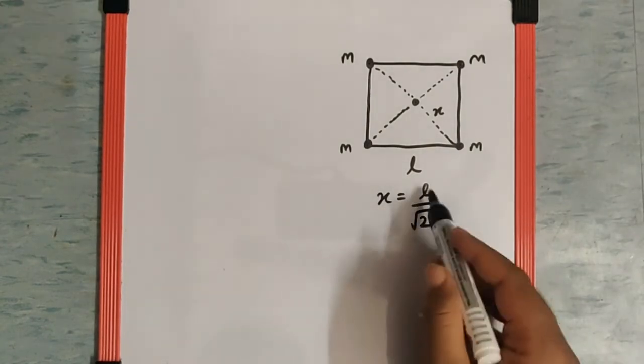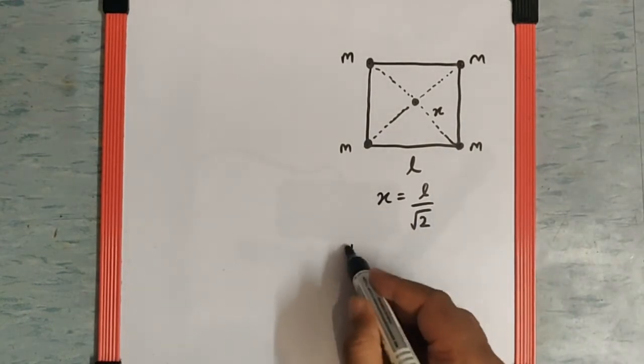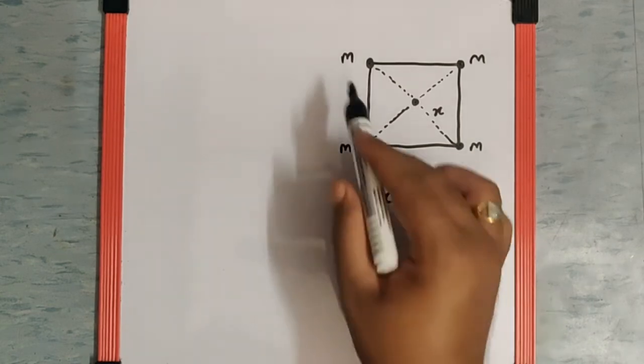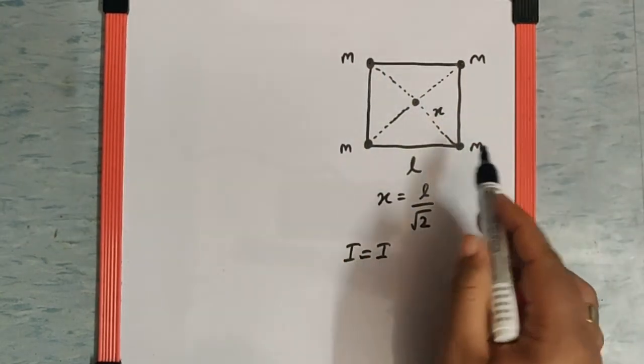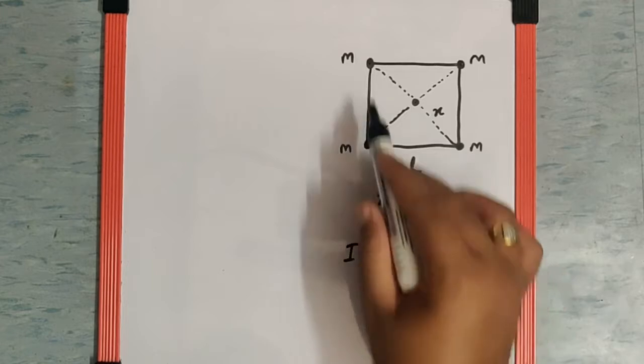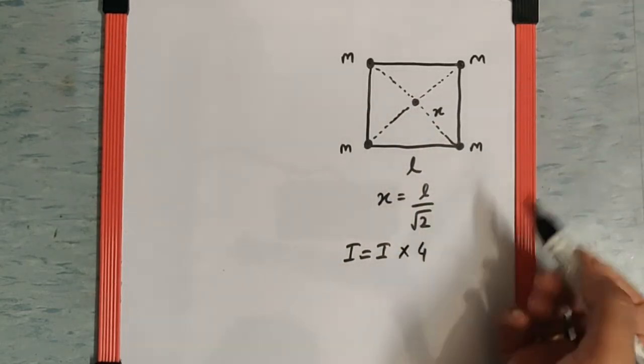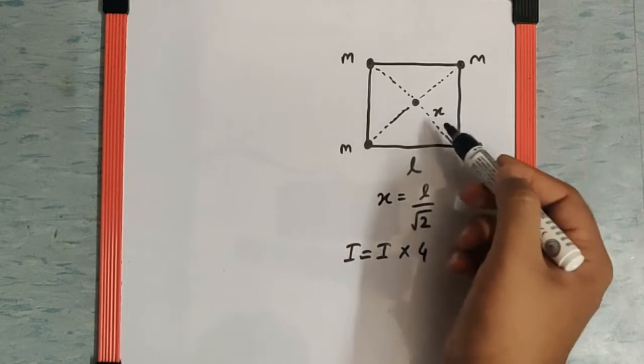So if x is L by root 2, we can say the moment of inertia total is going to be the summation of I1, I2, I3, I4, and so I can call it as I into 4 because all the masses are same and all the distances are same.